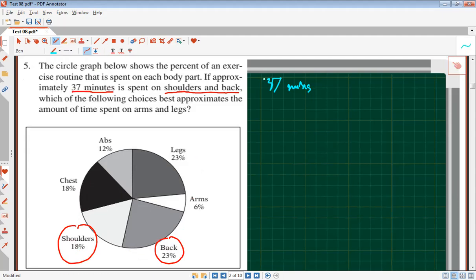Hence, we have that 37 minutes corresponds to 18% plus 23%. That total is 41%. The question is asking about the time for arms and legs.